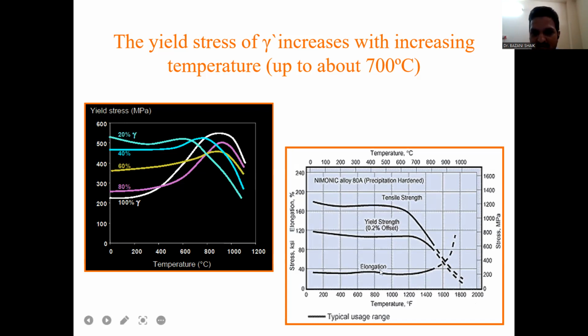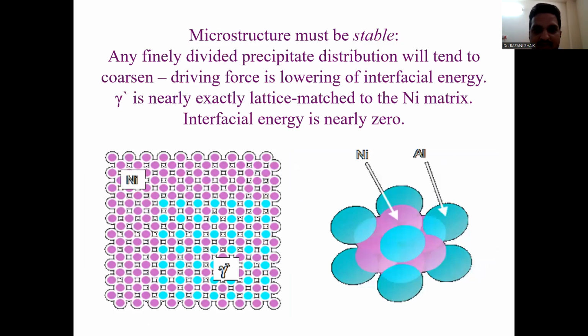This graph shows the elongation with respect to yield strength and tensile strength. Elongation will be maximum at 2000 degrees centigrade, with the yield strength at 0.2% offset. And tensile strength increases with respect to elongation percentage. How temperature and elongation satisfy multiple conditions is very, very important.